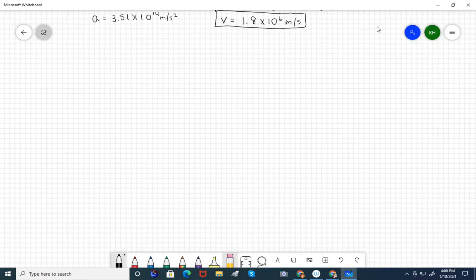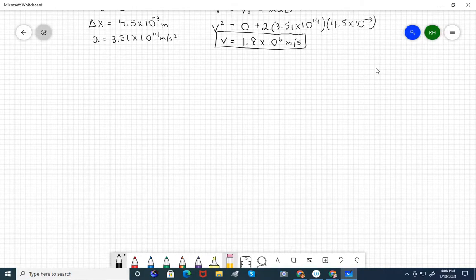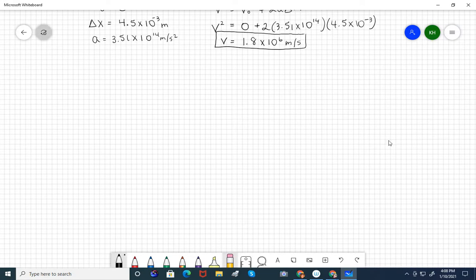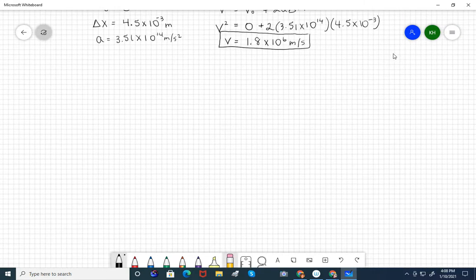So now that we know what potential is, and we've looked at some problems involving potential, let's think about the potential of a point charge.